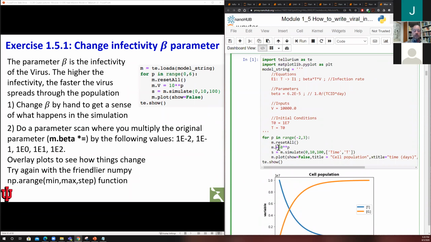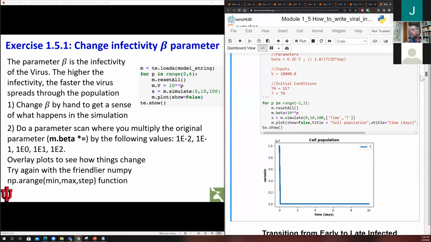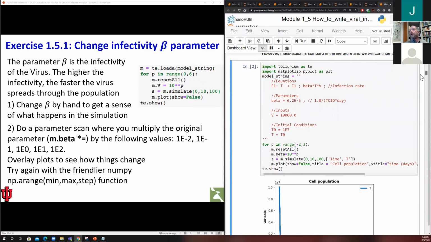And I'm going to set m.beta equal 10 to the p. And let's see what happens. Did I do it right? I forgot to multiply by my original value of beta, didn't I?